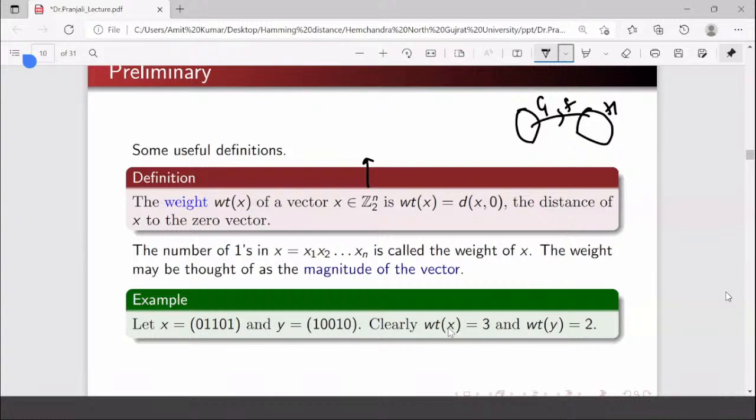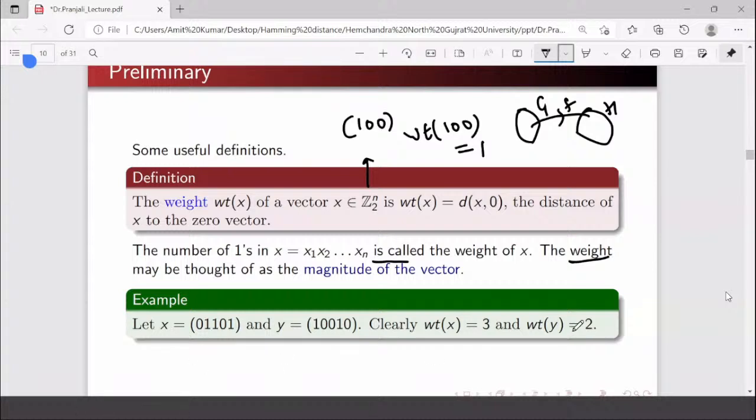In this way, we receive the weight of the vector. Or we can say that since the elements are 0 or 1 only, the number of ones in that string is known as the weight of that vector. So if I take this vector, the number of ones is only 1. So the weight of this vector 1, 0, 0 is nothing but 1.